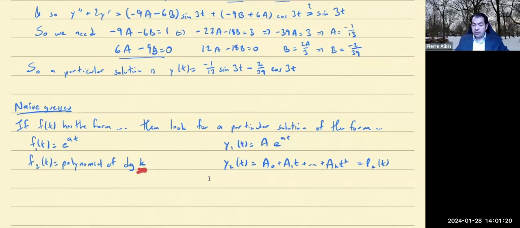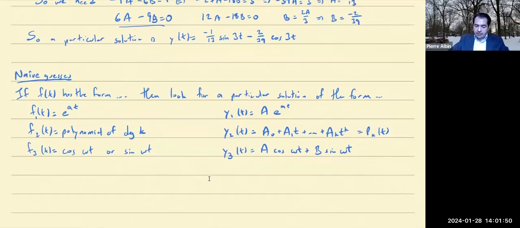If you just care about its degree, if this has degree k, then you should try a general polynomial of degree k. Okay? Let's call this f3. What happens if you have a cosine of omega t or a sine of omega t? Well, then, just like in the example we did a moment ago, you should try a times cosine of omega t plus b times sine of omega t.